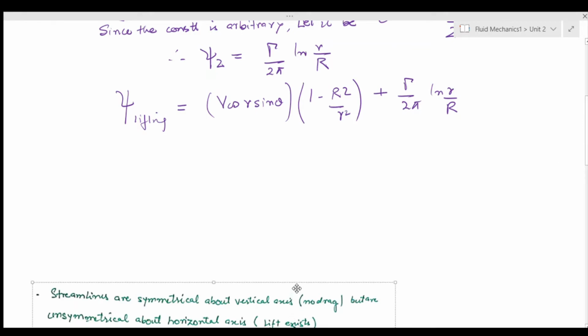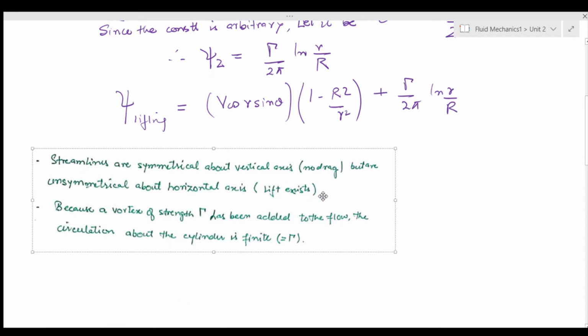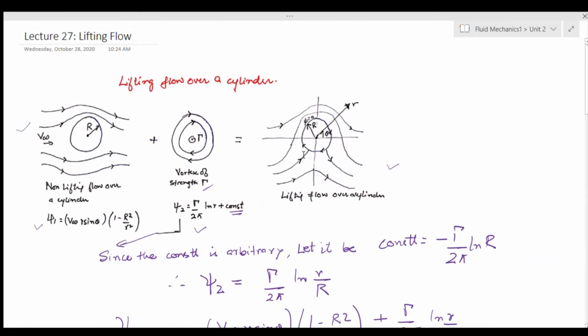Now I can draw the streamlines, and they would look something like this.